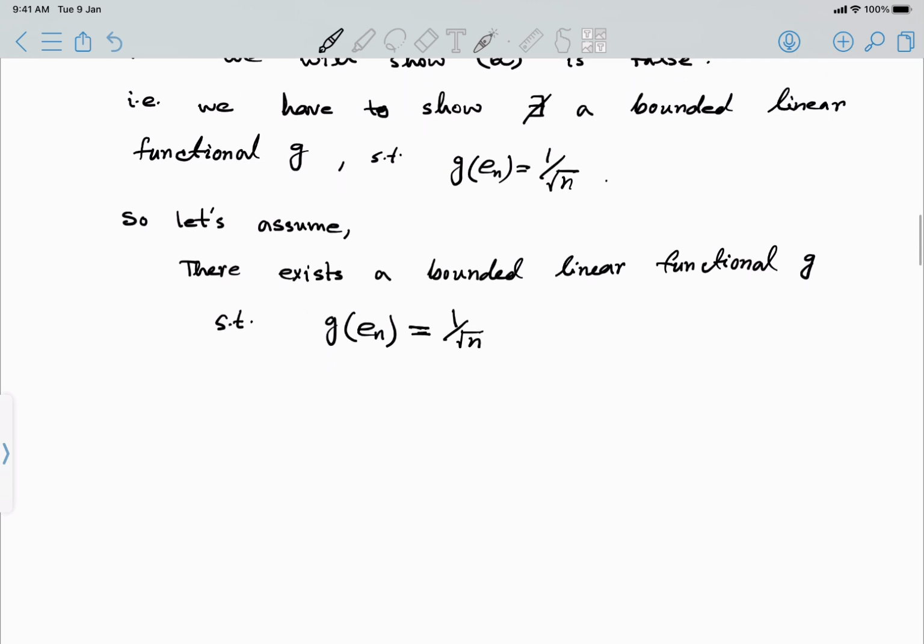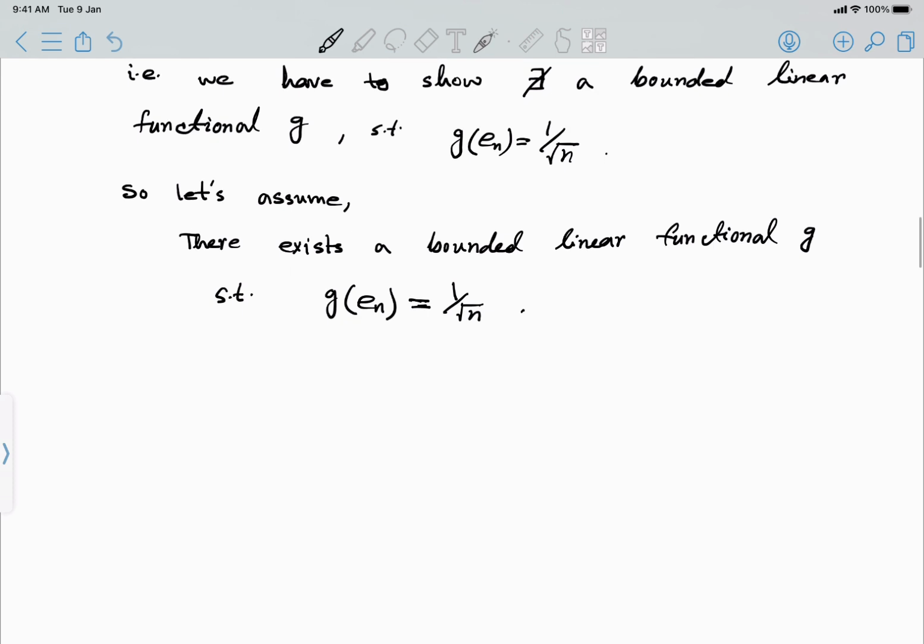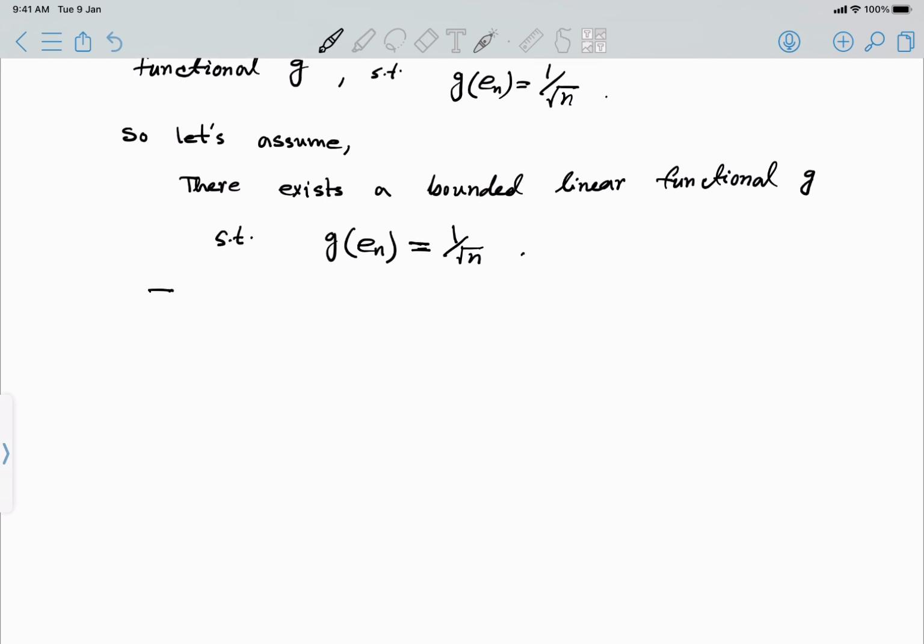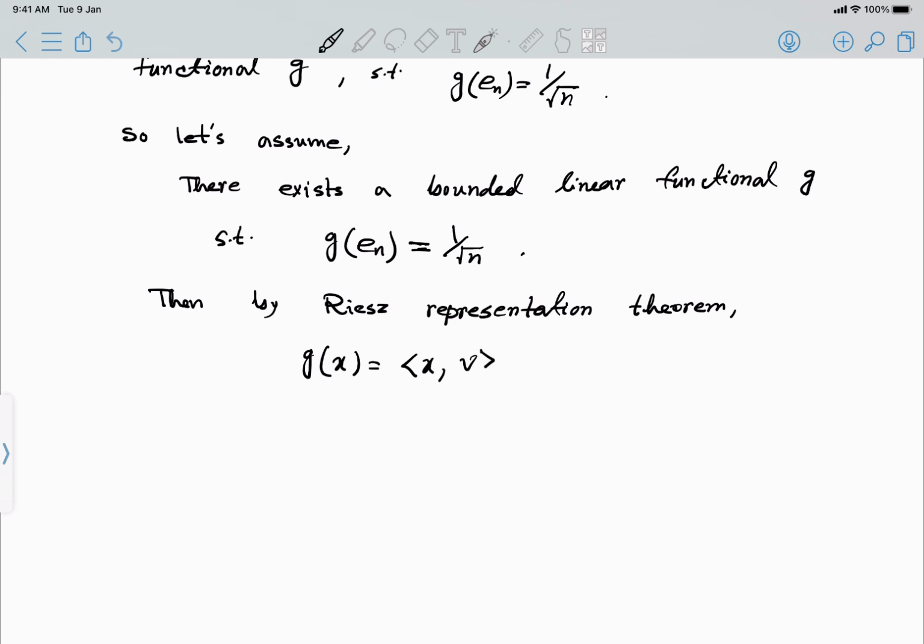If G is such a bounded linear functional, then by the Riesz representation theorem, G of x will be x inner product v for some v.